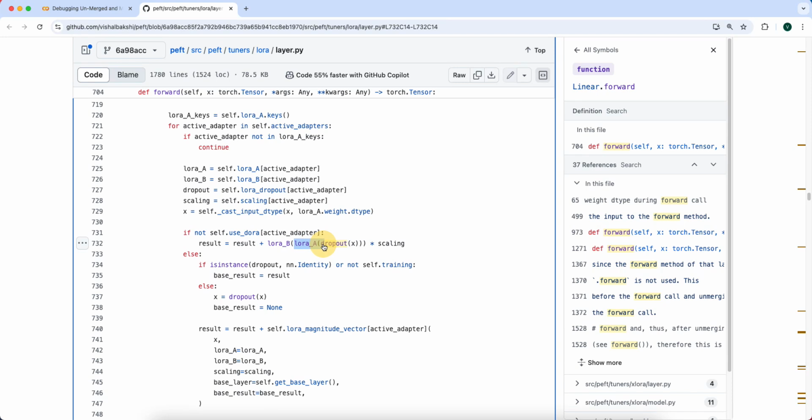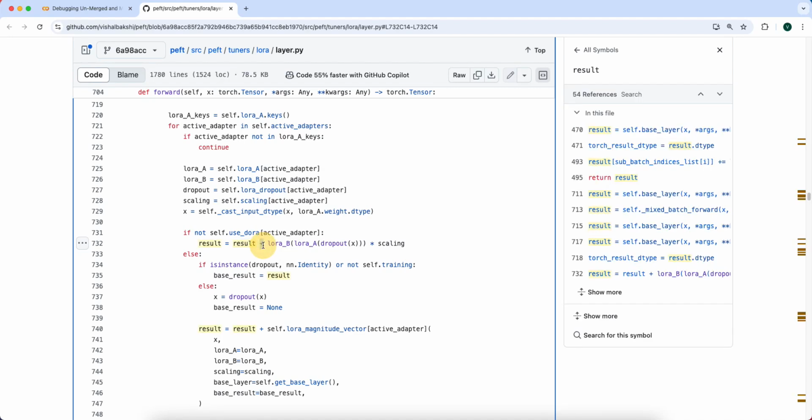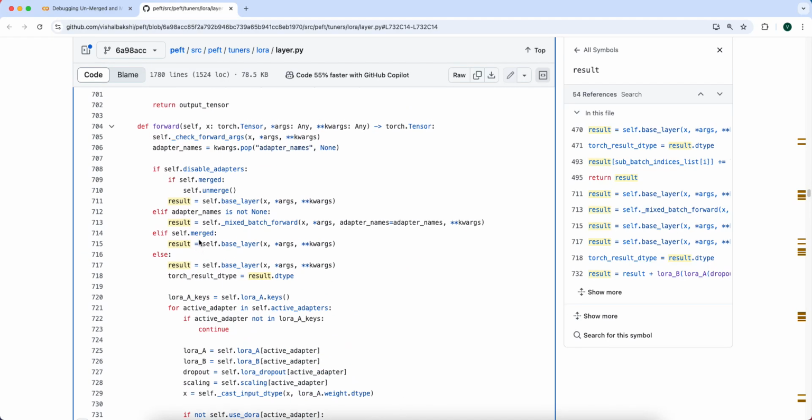So there's the LoRA A forward pass, LoRA B forward pass, the base layer forward pass, and the addition of those outputs. So there are 3 or 4 matrix operations happening if we are using our LoRA adapters, whereas if we're not using them, there's a single forward pass, a single matrix multiplication.